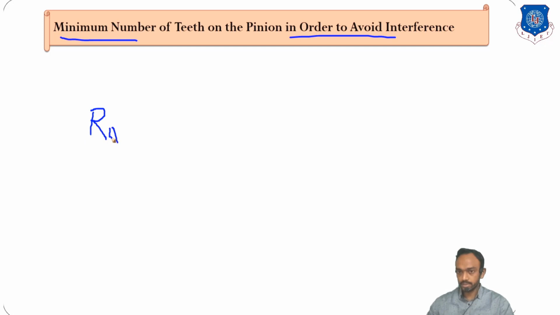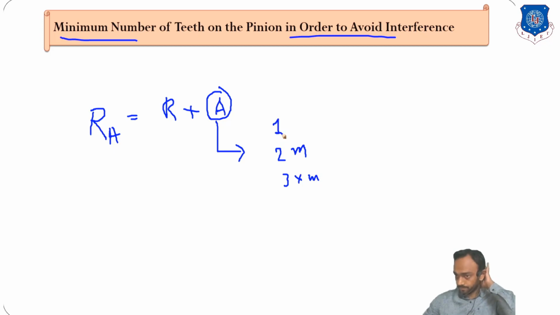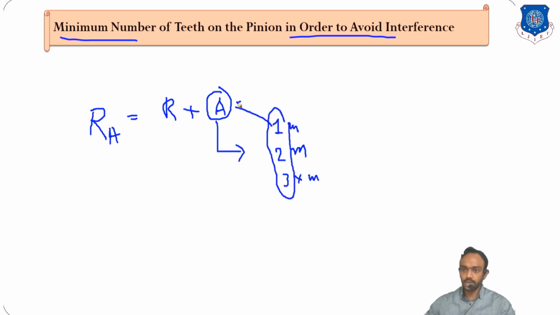Addendum radius, you know that RA is equal to capital R plus addendum. You add some addendum, and addendum you know is always in the form of module, means it may be 1 module, 2 module, 3 into module. So it is always in the form of module. You will always multiply something with the module and you will get the addendum.